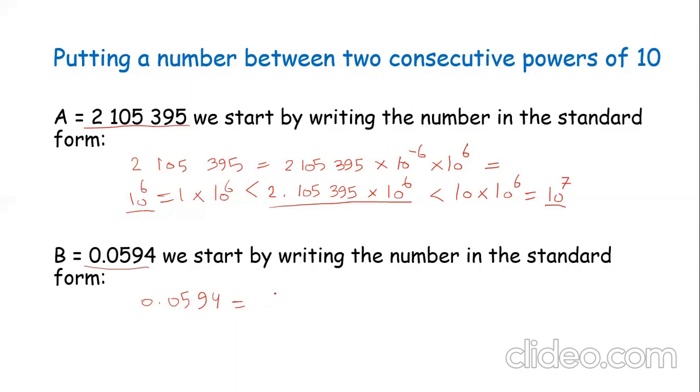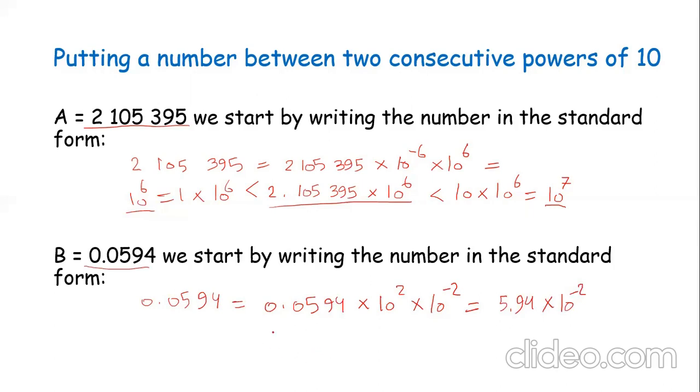So we get 0.0594 multiplied by 10 to the power of 2 multiplied by 10 to the power of minus 2. And this gives us 5.94 multiplied by 10 to the power of minus 2.